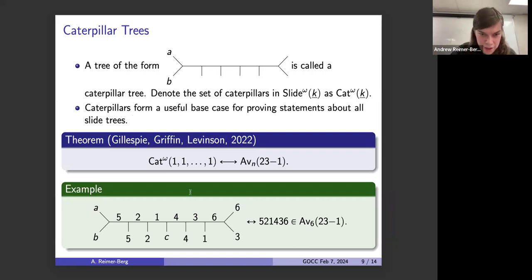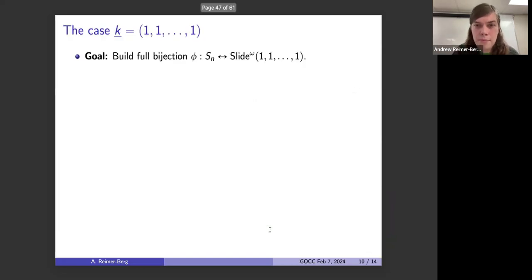So here, if we have this tree down here, we slide every label once, we end up with edge labels as above, and then we just read off 5, 2, 1, 4, 3, 6. And sure enough, that is a permutation that avoids 2-3-1. That's going to turn out to be our base case for building the full all ones case.